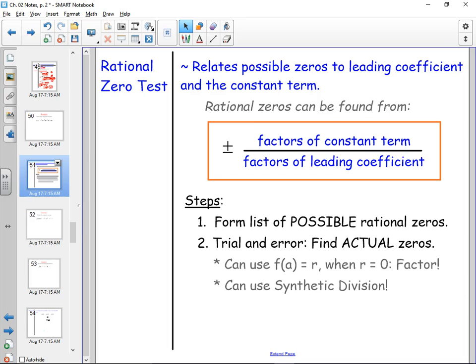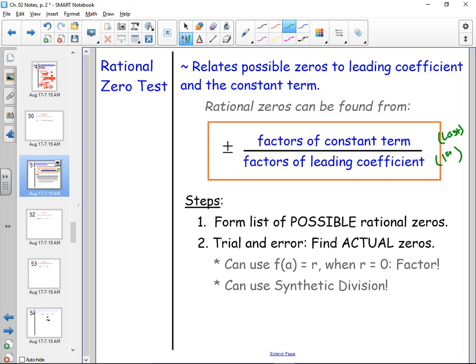Any of the nice zeros, the ones from easy factors, have to be found from all the different factors of the last term, or the constant term, over all the different factors of the first term, or the leading coefficient.